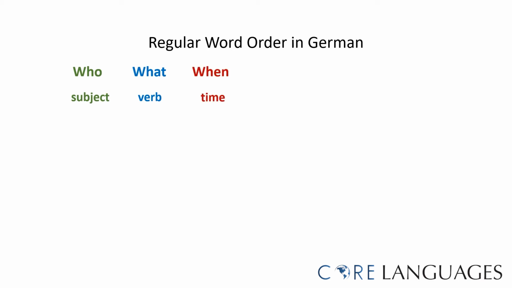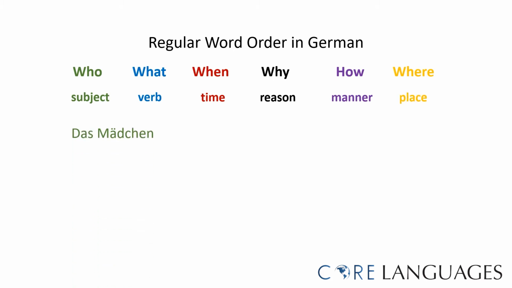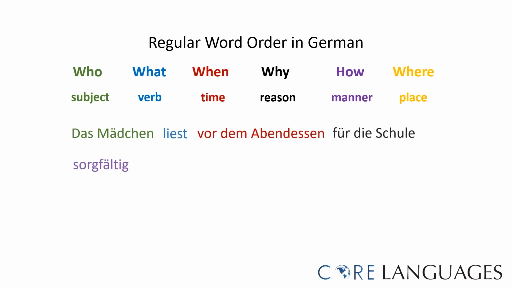When refers to the time. Why refers to the reason. How refers to the manner. And where refers to the place. For example, das Mädchen liest vor dem Abendessen für die Schule sorgfältig in seinem Zimmer das Buch.